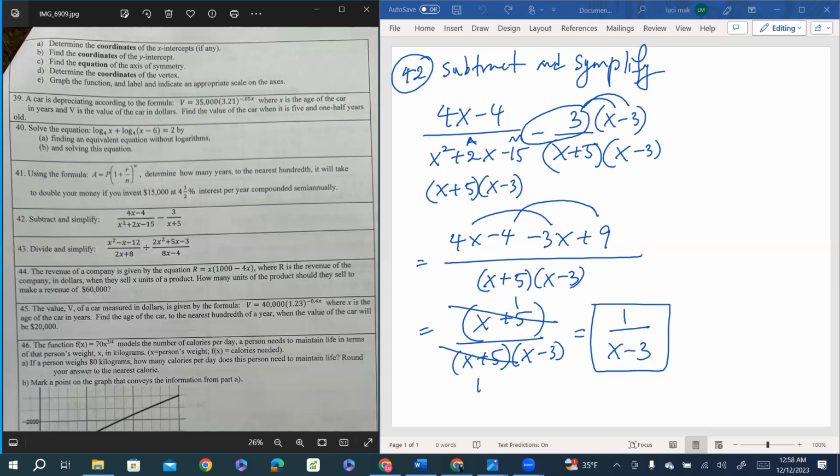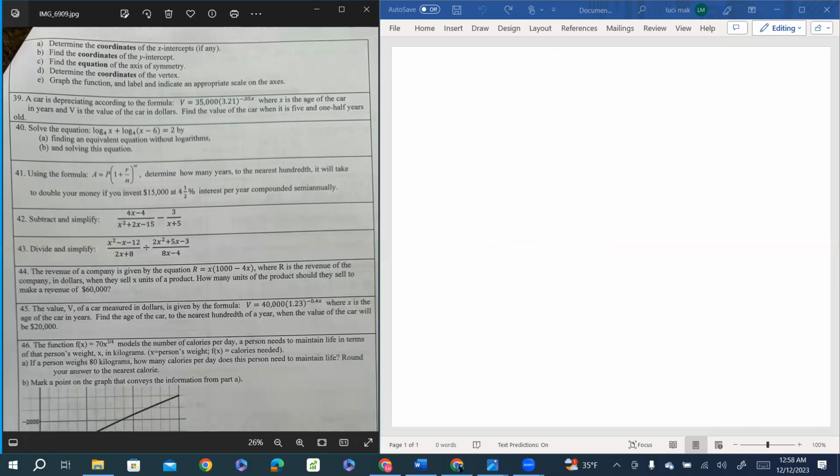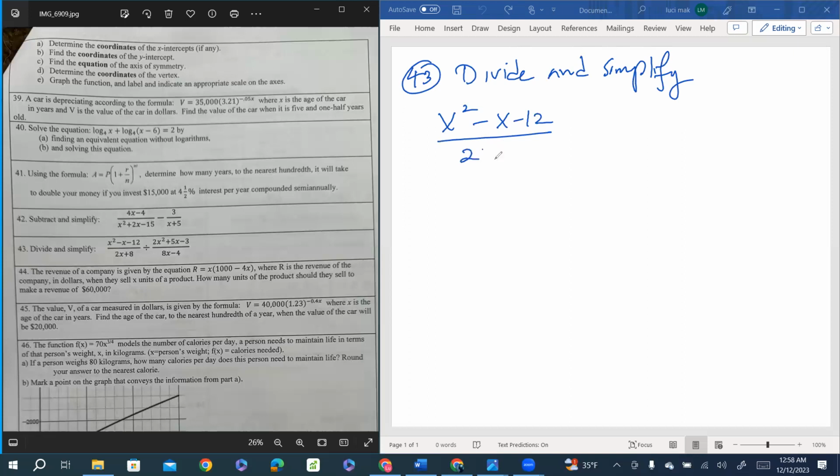Let me delete this. Question number 43. So we want to divide and simplify. We have x squared minus x minus 12 divided by 2x plus 8, divided by 2x squared plus 5x minus 3 divided by 8x minus 4.